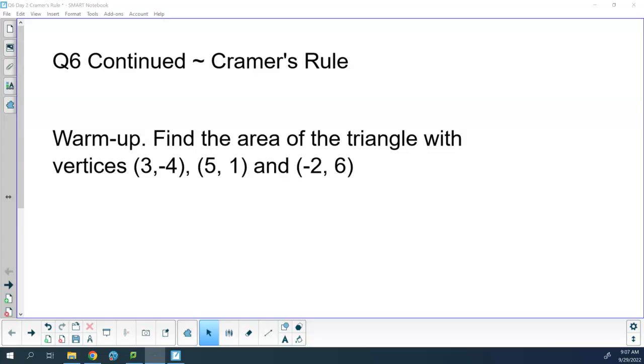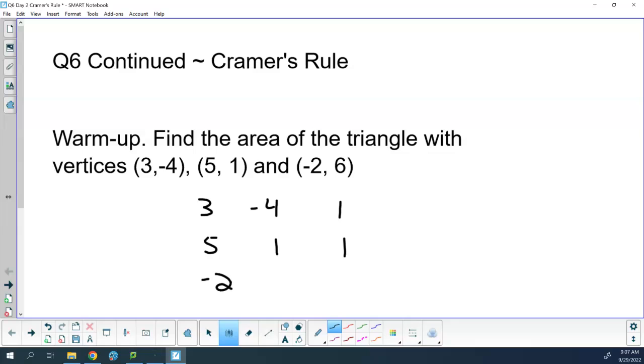Okay, and what do we do with that? So I should set up a matrix, right? Okay, and so that matrix is going to be 3, -4, and 1. 5, 1, and 1. -2, 6, and 1. Right?